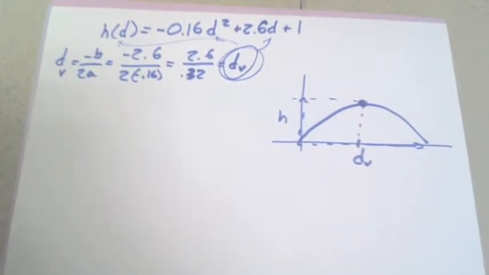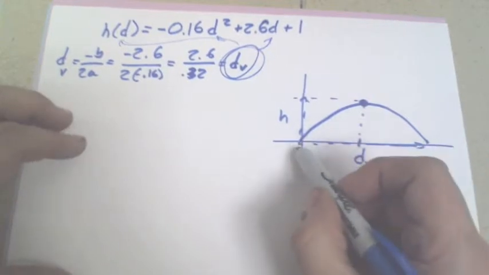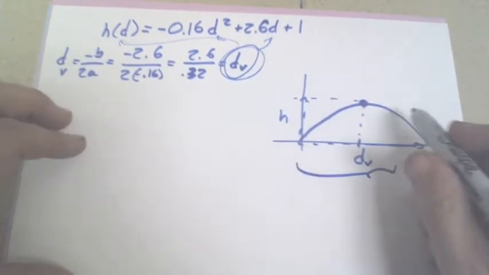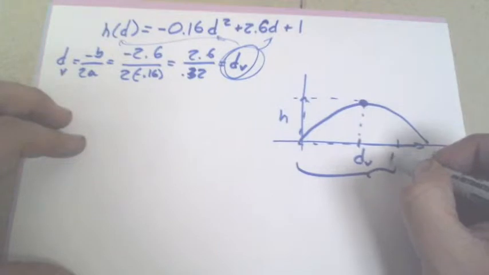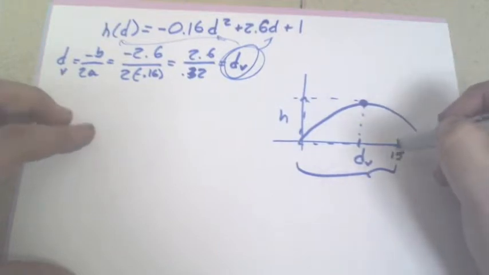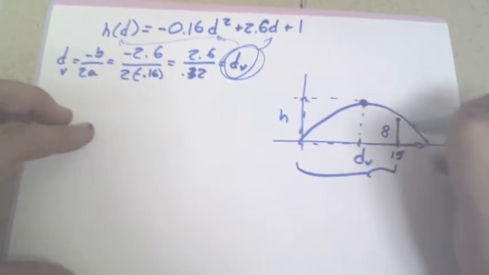Let's see, we're then asked to find if the ball clears an 8-foot fence placed 15 feet from where it was kicked. So 15 feet from where it was kicked, at d equals 15, there's a fence that's 8 high, and the question is, does it clear that height?